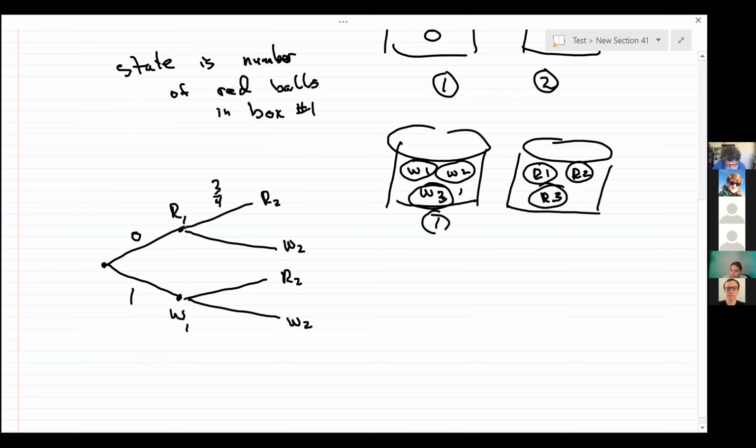Whereas the chance of randomly picking the ball that you just put in there would be 1 out of 4. On the other hand, if the ball, no. Oh, I see. I don't even have to do that because I can't get a red ball from this.